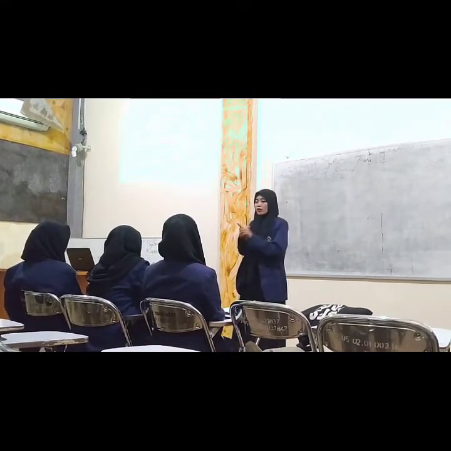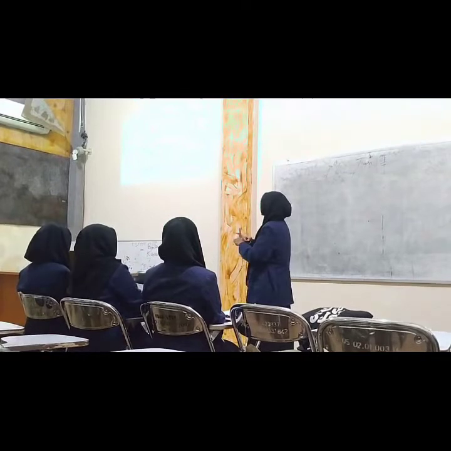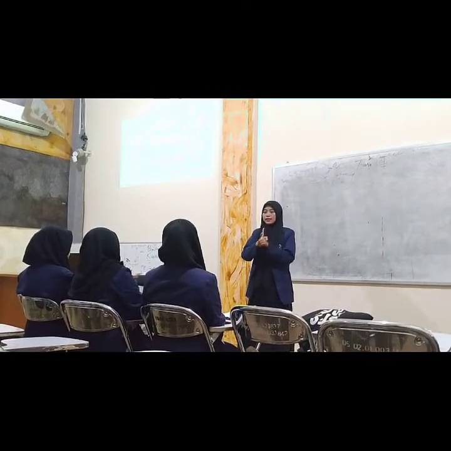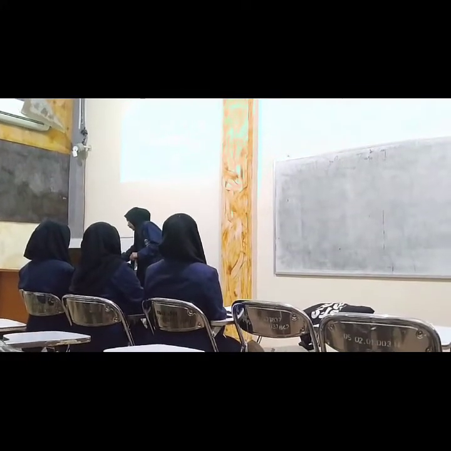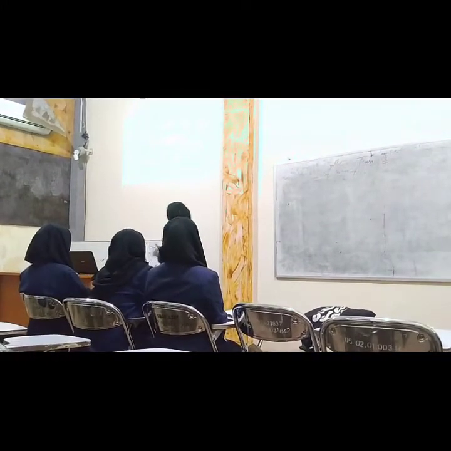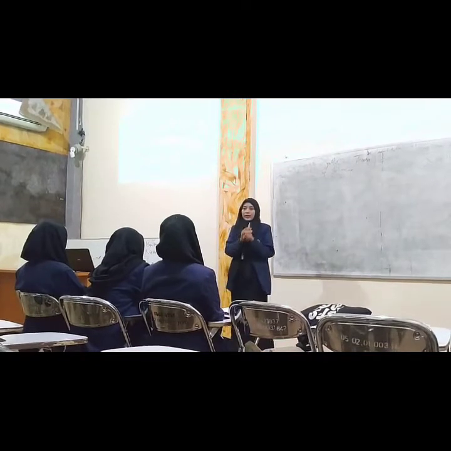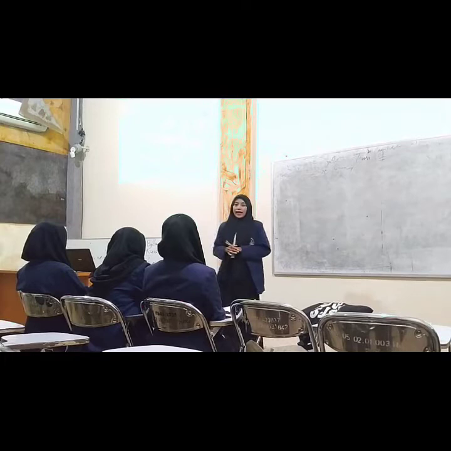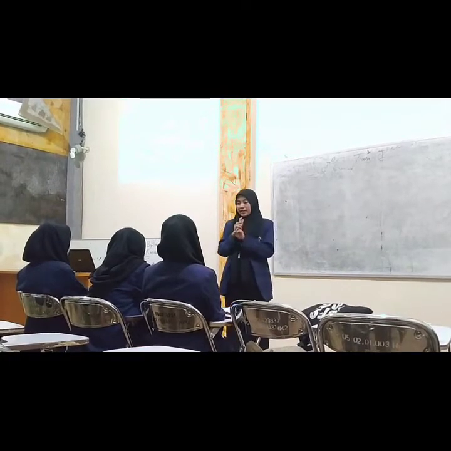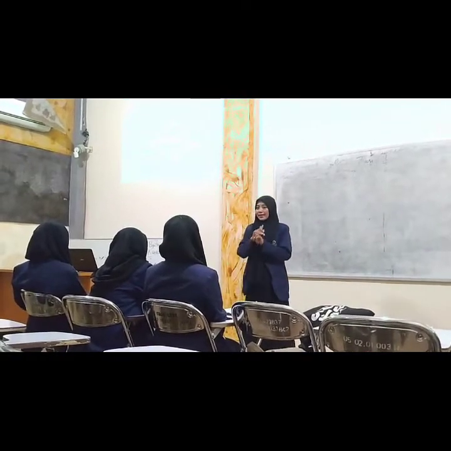So, the first language feature of narrative text is use specific characters. If we look at the text Snow White, the specific character here is Snow White. And the second is use past tense.